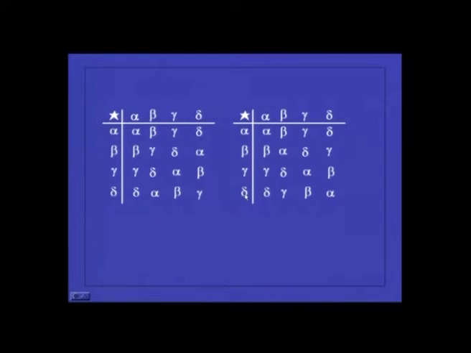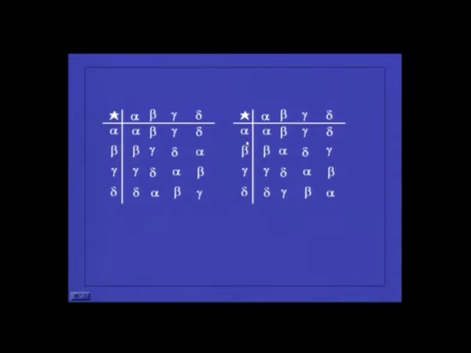Similarly, take delta. Delta squared is alpha, delta cubed is delta, delta power 4 is alpha, and so on. So, with delta you will be able to generate only delta and alpha and not beta and gamma. So, none of the three elements beta, gamma, delta can be a generator.